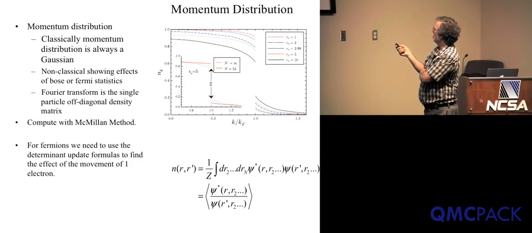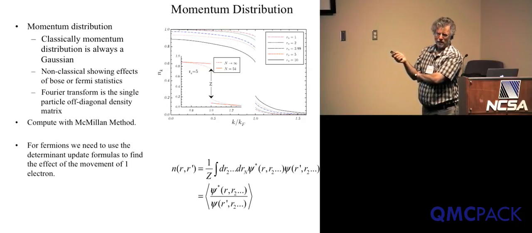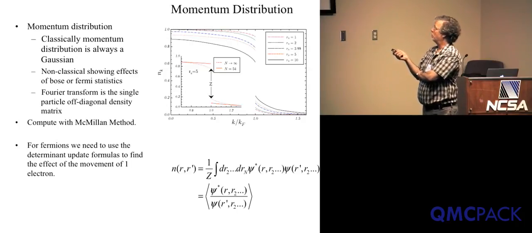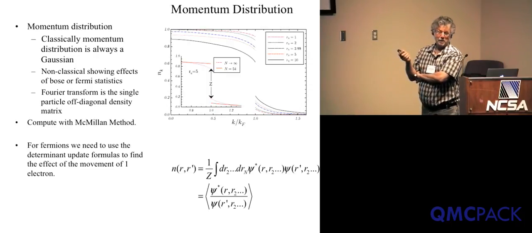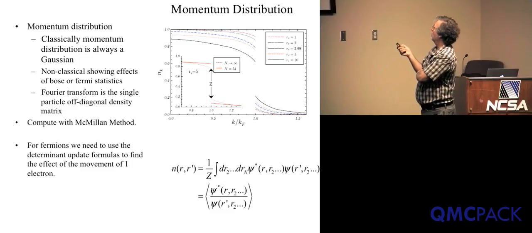So this is a so-called quasi-particle strength. We computed these. You can compute these in quantum Monte Carlo. I'm not sure we have an exercise on doing that this week, the momentum distribution. But anyway, this is what we can compare with scattering experiments, showing the effect of correlation on the momentum distribution.